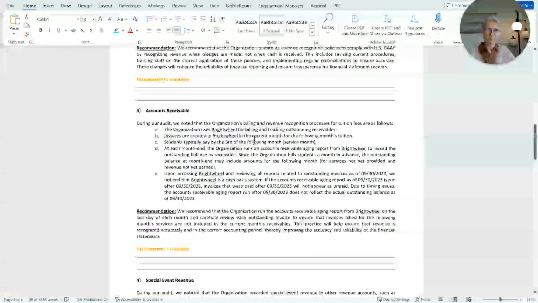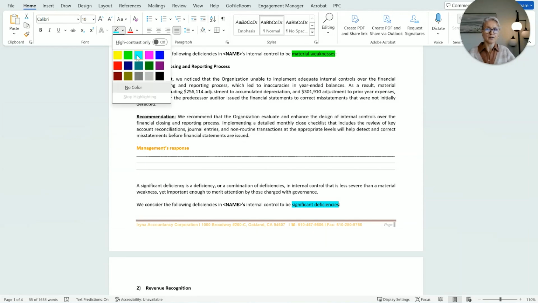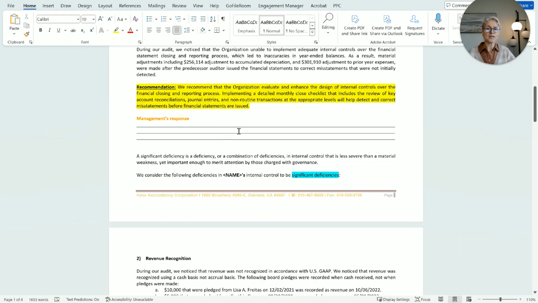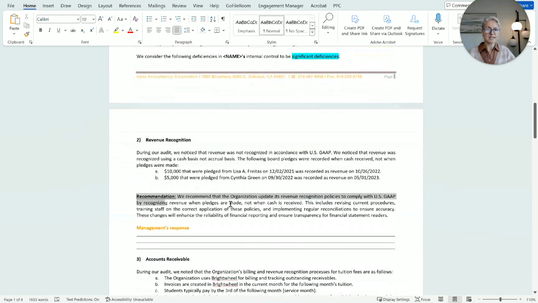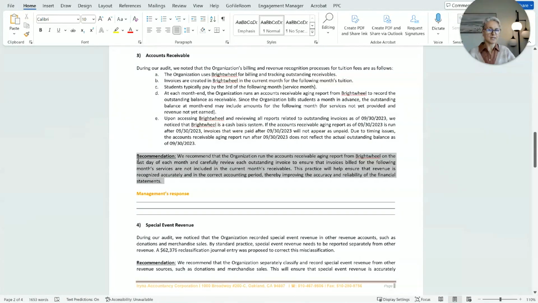The most important thing for the management and the board members, maybe the audit committee, is to review recommendations for every deficiency that we identified. You can see we provide a recommendation. Management needs to read the recommendation, understand it, and see how it can be implemented. Maybe it can be implemented fully, maybe somehow differently but it will also address the same issue, or maybe you would disagree with the finding of the auditor.